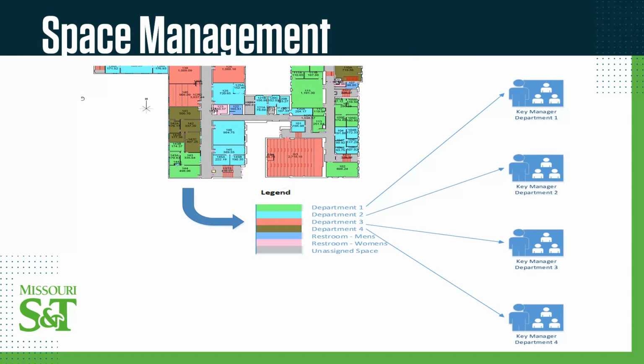Department 2 is blue, so all the blue rooms are owned by Department 2, etc., etc. So if you're the key manager of Department 1, and let's say that you want to order a key for room 101 right here, well, when you create that request, then the key manager of Department 2 is going to be the approver.